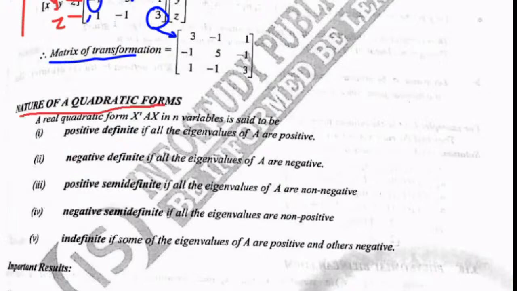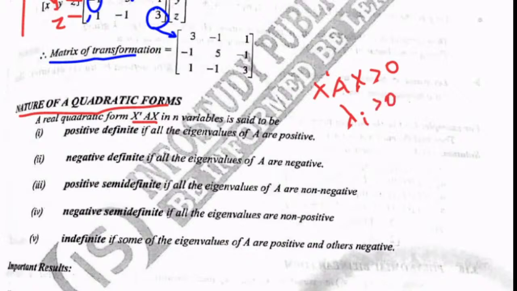If a quadratic form, that is x transpose Ax, is the quadratic form, and the matrix A is positive definite if all the eigenvalues of A are positive, that is, x transpose Ax is greater than 0 implies all the eigenvalues lambda_i of A are greater than 0.